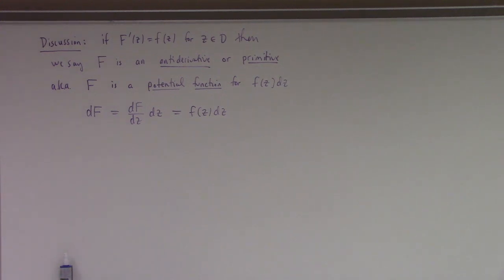So another way we could look at this is the little function f has an antiderivative, or has a primitive, if the form f(z) dz is exact.